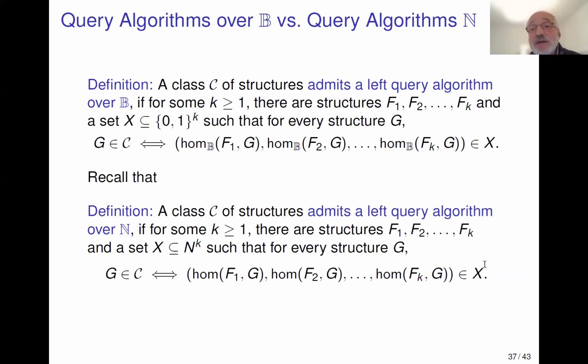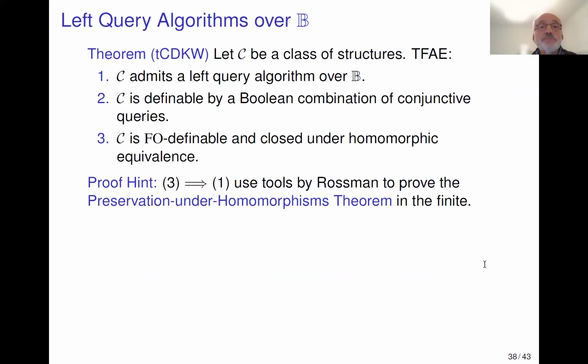We say that a class of structures admits a left query algorithm over the Boolean semiring if there is a k and there are k structures and a set X subset of {0,1}^k, now that's a finite set, such that for every structure G, G belongs to the class if and only if this binary vector of the indicators, there is a homomorphism, there is no homomorphism, etc., belongs to X. What's the difference between this and N? Well, over N you have the actual count, and the set is a subset of N^k, just to remind you and contrast the two definitions.